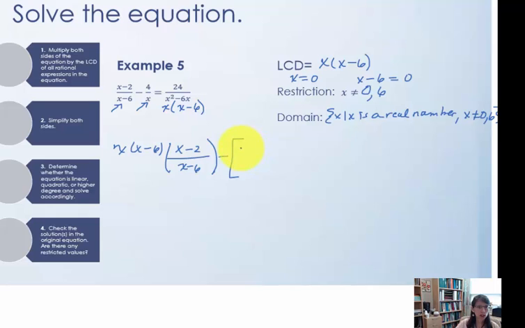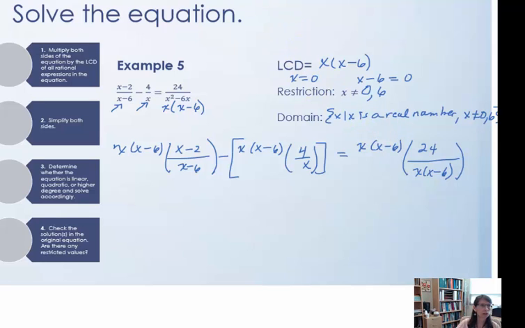Now I have subtraction, so I'm making sure to use a bracket just in case I end up with several terms inside of that bracket. And our LCD again is multiplied by our last term. And I'm using the factored form. That just makes it easier to see what can be reduced.